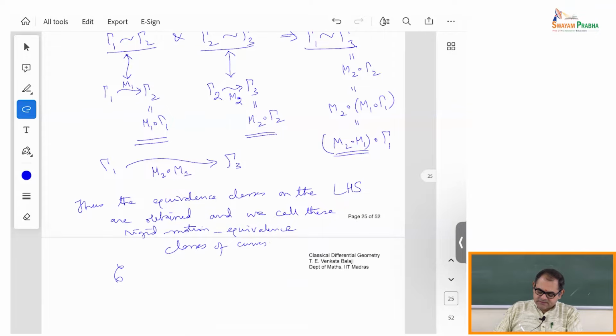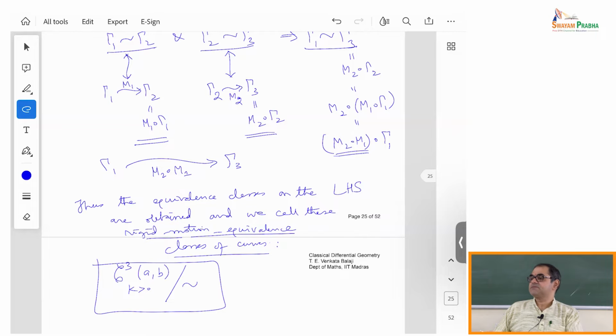So therefore what you are getting is C3 AB, k greater than 0, modulo this; this is the set of rigid motion equivalence classes of curves.